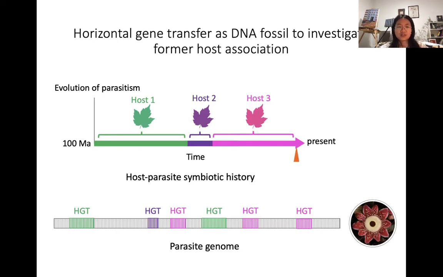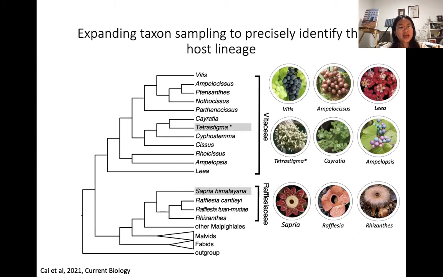And by doing a phylogenetic reconstruction of these horizontally transferred genes, we can then locate the phylogenetic affinity of these hosts. To do that, we gathered genetic information from all 3 genera within Rafflesiaceae, the parasite lineage, as well as all representatives within the host family, the grapevine family Vitaceae.